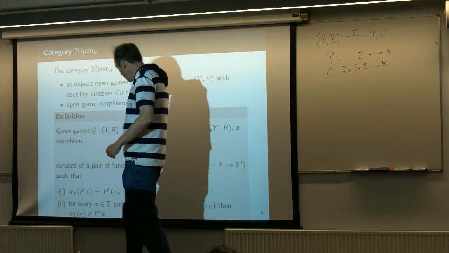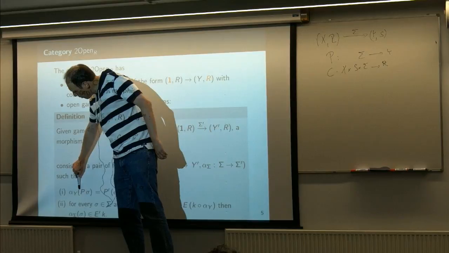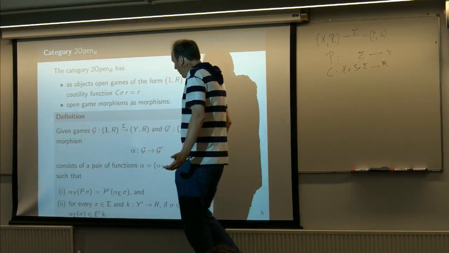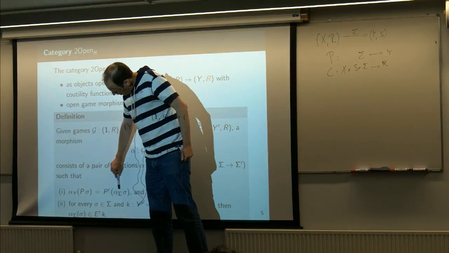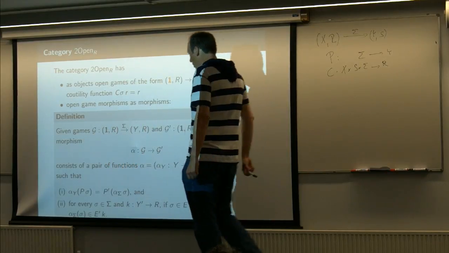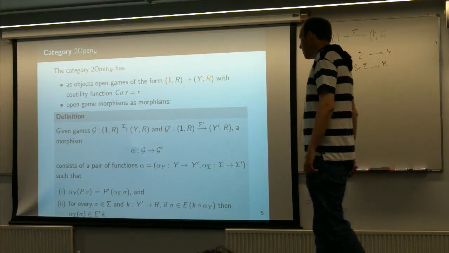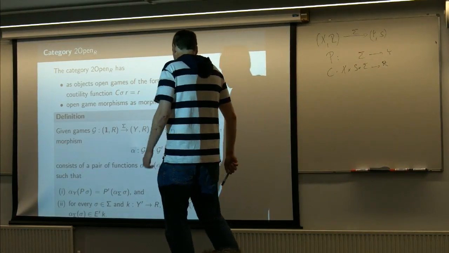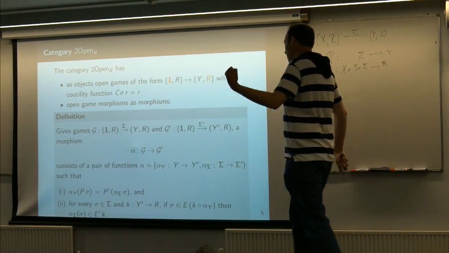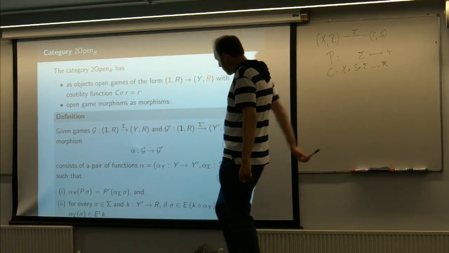If you take a strategy in the original game and play a move, and then map it to the other game, it should have the same effect as first taking the strategy, mapping it to the other game, and then moving. This is the more obvious condition. The other one is about equilibria. Suppose I have a strategy in my original game, and I have a payoff function in the G prime game.